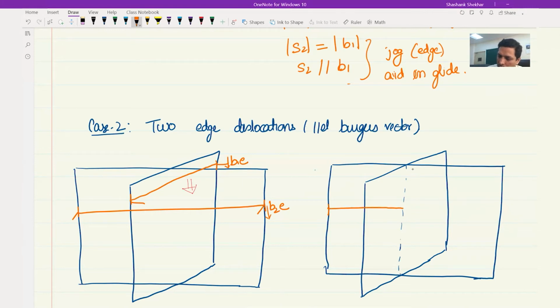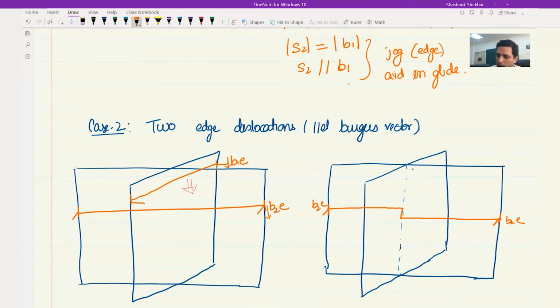And as mentioned, this will have a step, which is the step that will be formed on B2E. This is B2E.